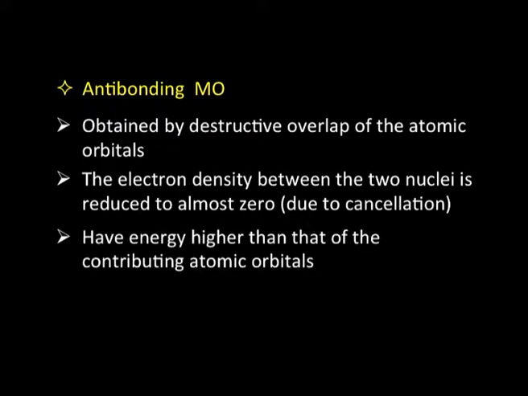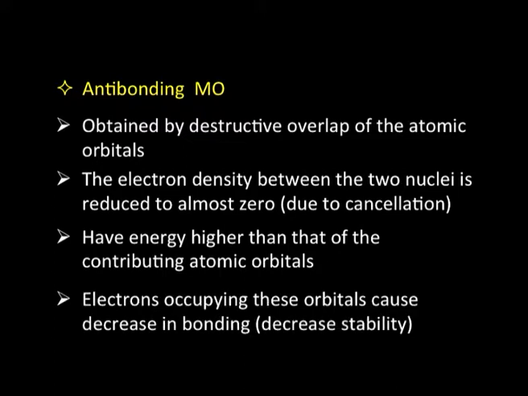The third observation is that contrary to what we had in case of bonding molecular orbital, in case of anti-bonding molecular orbital, we find the energy is more than that of the contributing atomic orbitals. And lastly, any electron which occupies an anti-bonding molecular orbital is going to cause a decrease in the bonding or decrease the stability of the resulting molecule if it is formed there. So, that is the two kinds of orbitals we have got there.